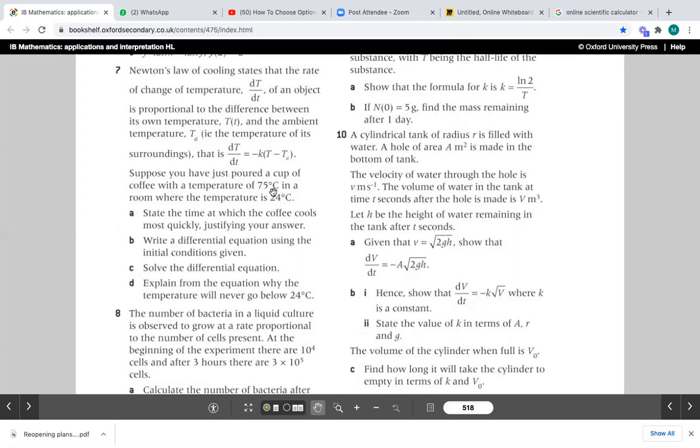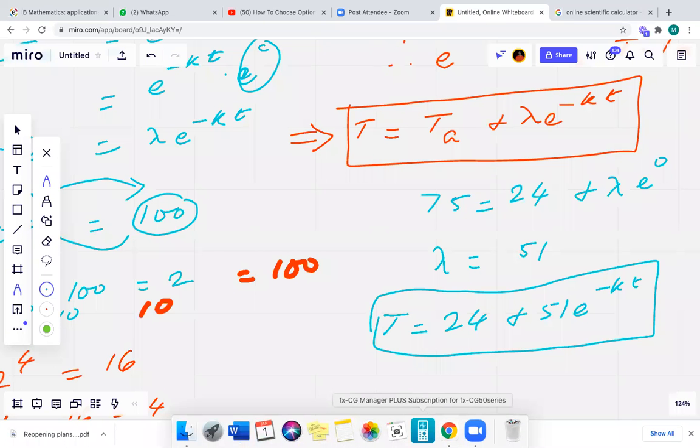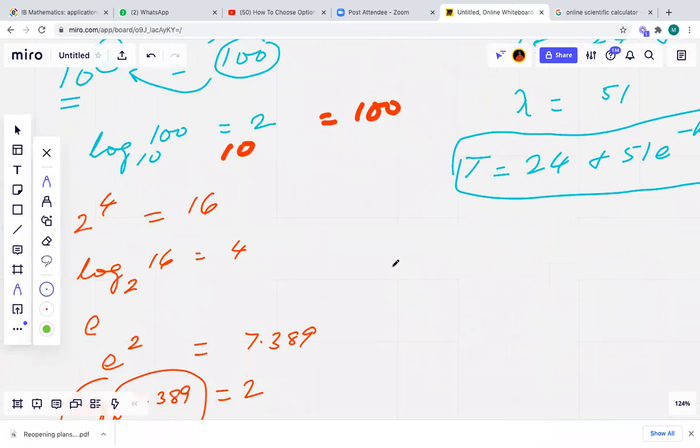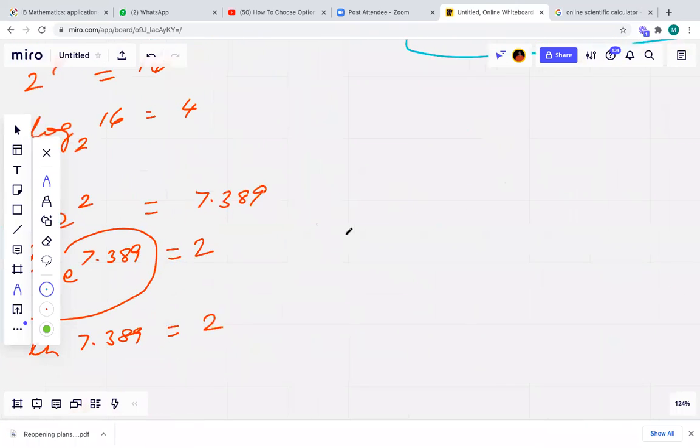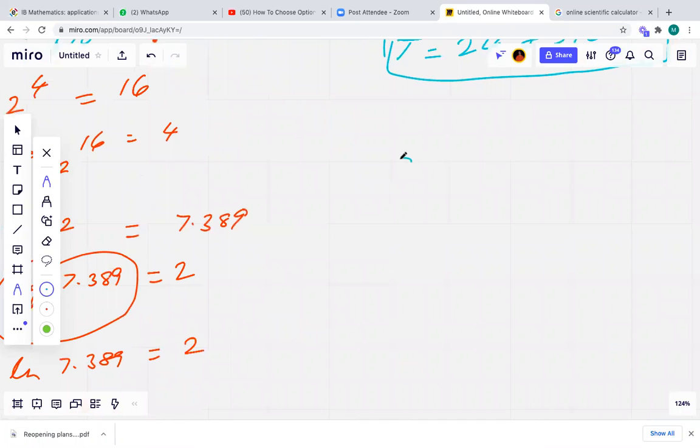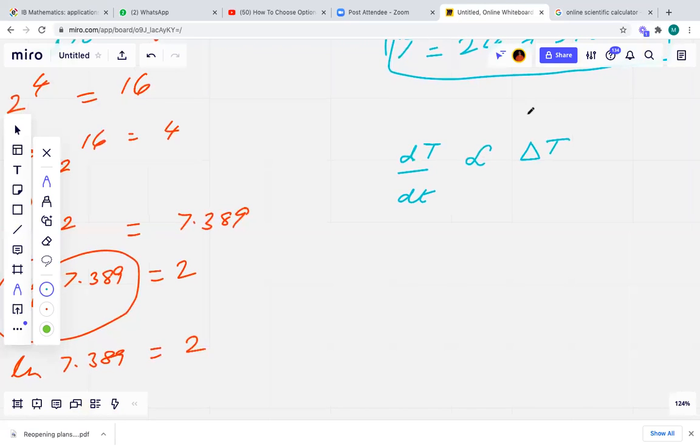Do you understand? Suppose I am saying the rate of cooling dT by dt is proportional to the temperature difference delta T, where delta T is T minus T_A. It means if delta T is more, dT by dt is more.